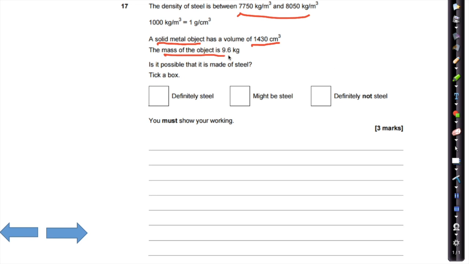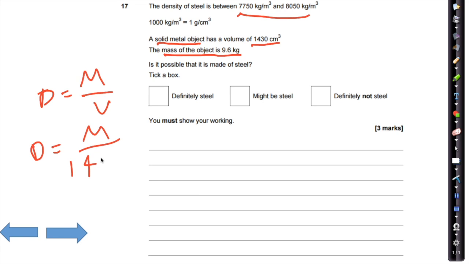The mass of the object is 9.6 kilograms. So, density is mass over volume. We know the volume here, but it's in centimeters cubed. So the density is the mass over 1,430 centimeters cubed.